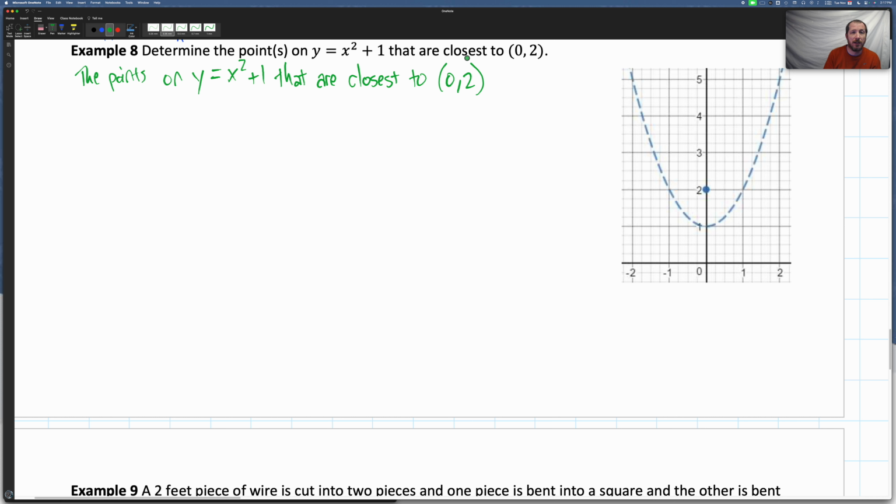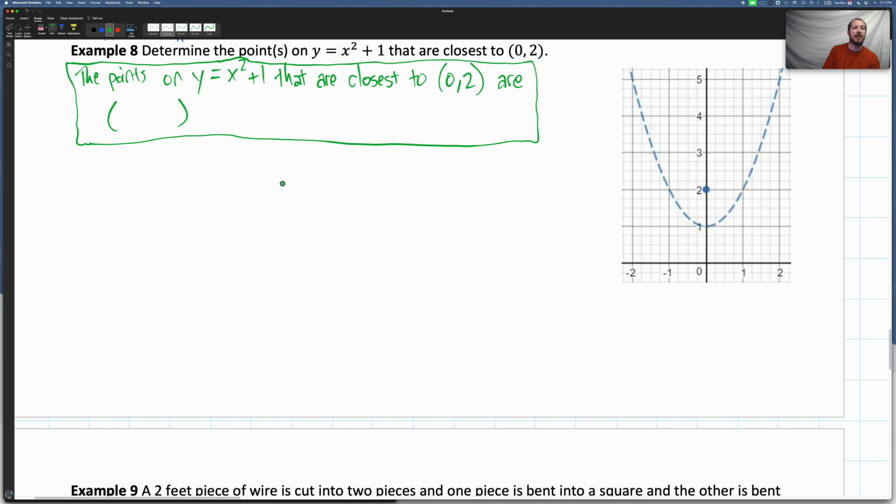They put that S there, so I am taking the hint that it's going to be plural. If it's singular, we can fix that later. I'm going to leave some space to put more points if we need it. This is what our answer is going to look like once we find that point or points. So we're looking for coordinate pairs.